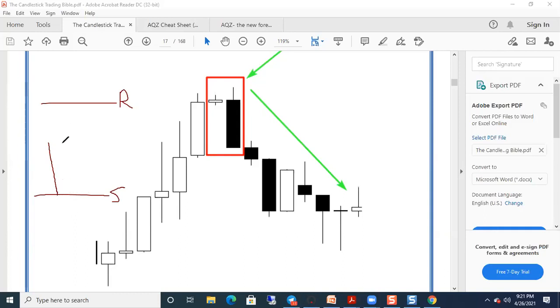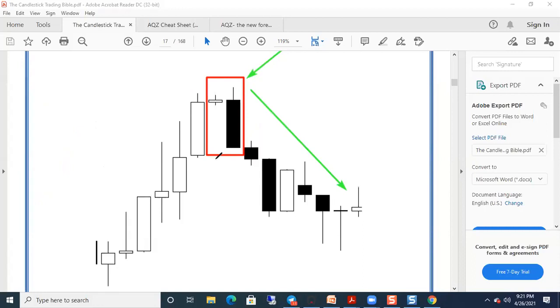Or let's take a resistance, you are not sure if the resistance will hold or the resistance will fail. If you find a bearish engulfing candlestick pattern at your point of resistance, it is a good indication that price has a heavy tendency to drop lower, right? So when you have a bearish engulfing candlestick pattern, it is a take action now candlestick pattern.